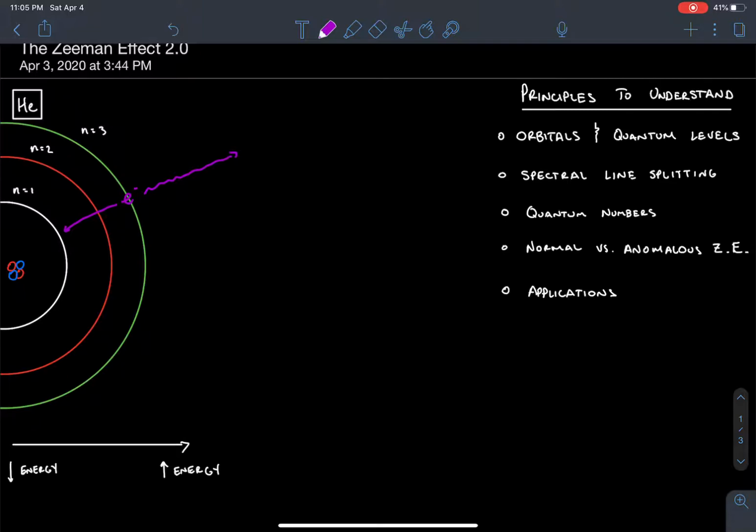So if you remember from Chem 107, I believe, we burned elements like copper and it burned blue, or we burned lithium and it was red, or barium and it was green. And that's because the distance between these quantum levels, so the distance between, let's say, n equals 1 and n equals 3, is different for every single element.